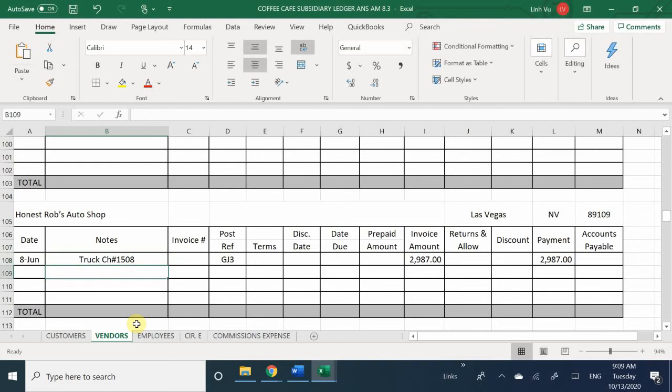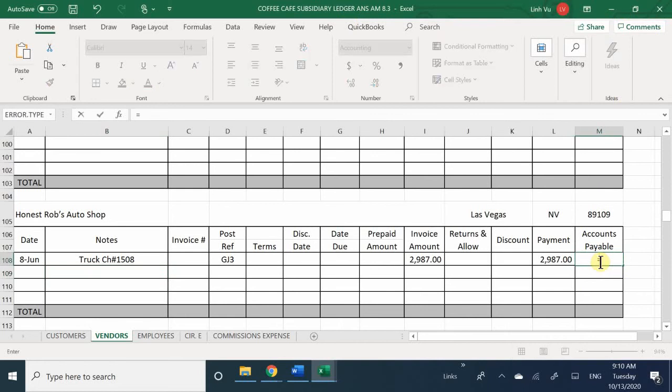I'm going to write in here check 1508, written to Honest Rob's, and I paid $2,987 even. That means I don't owe Rob anything, because the next time I make a payment, it's not to Rob, it's to the bank.